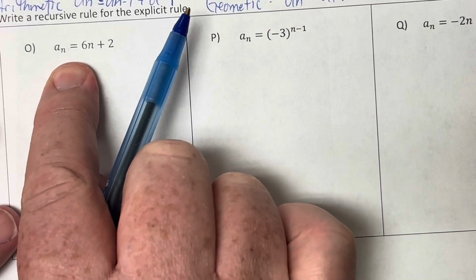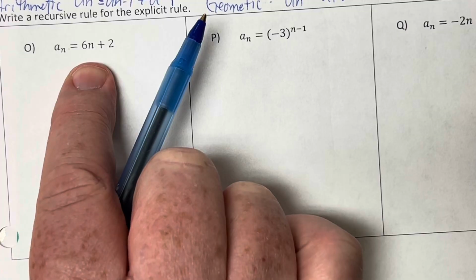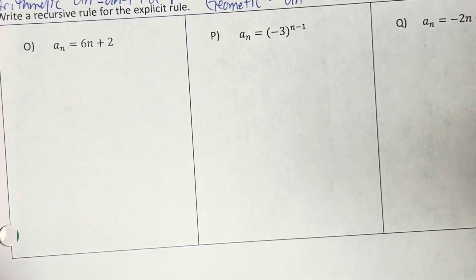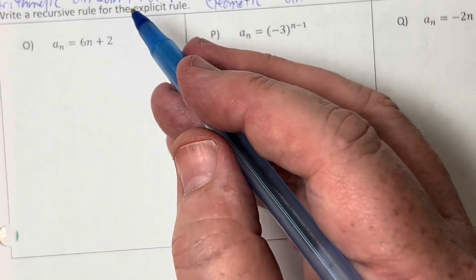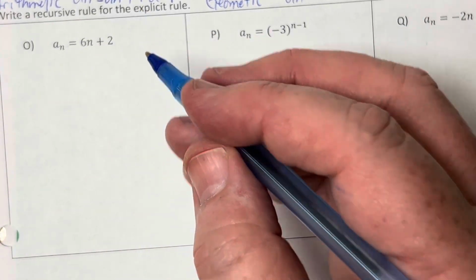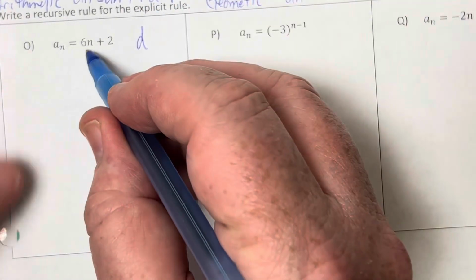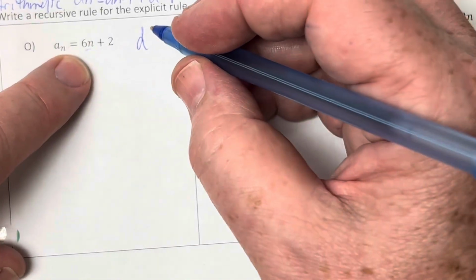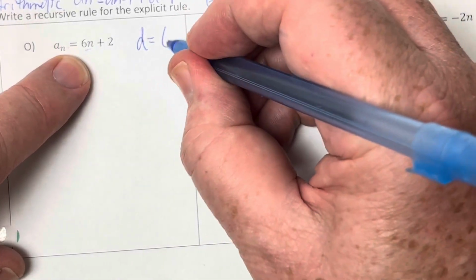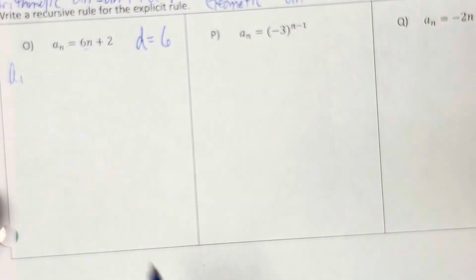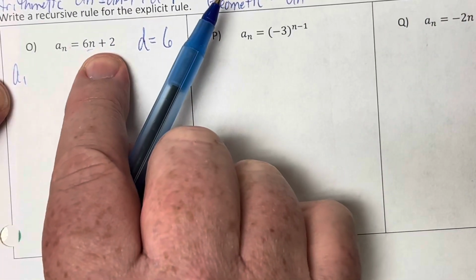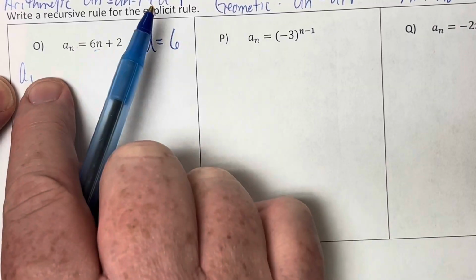So here we have an equals 6 times n plus 2. Now on these, the difference is actually what's being multiplied with n. So d is 6. And then to find a1, we can use this equation to find the term.